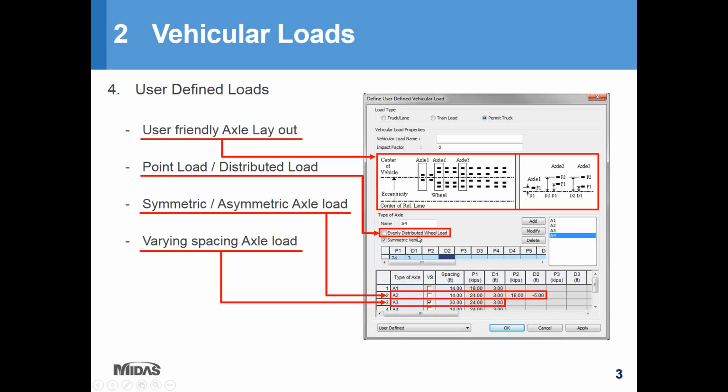It gives the user the option to apply the loads as a point load or distributed load, symmetric or asymmetric Excel load, or varying spacing Excel load. Users can save the Excel load information on the right, then simply select the type of Excel and fill in this window, and the load will be automatically generated.